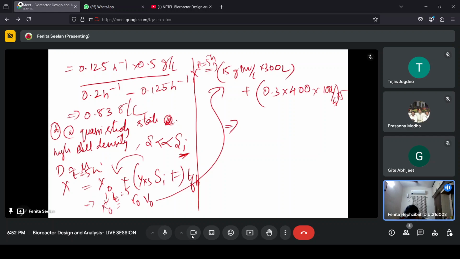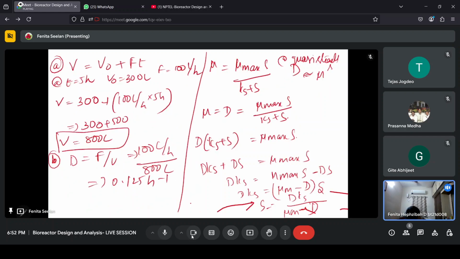If we do this, what would be the answer? 0.3 into 400 into 100 into 5 is 60,000, plus 15 into 300, which is 4,500, gives 64,500, which is known as 64.5 kg.